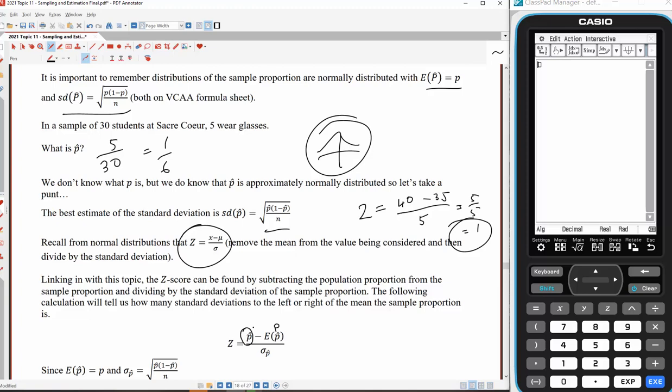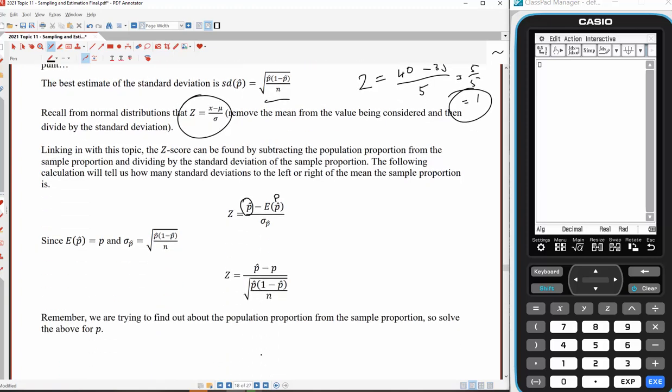What we're doing is removing that from the sample proportion, dividing that by the standard deviation of the sample proportion. So the next step in the formula, we're basically deriving a formula that is on your formula sheet, so I'm explaining to you how it's derived. So we simply replace the expected value of the sample proportion with the population proportion and the standard deviation of the sample proportion with its formula.